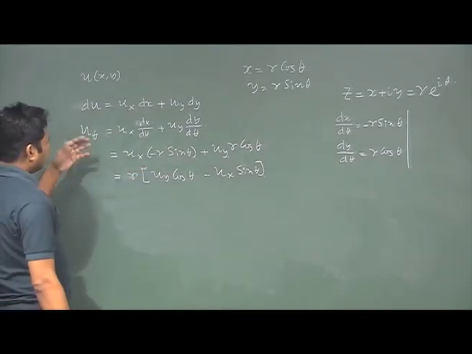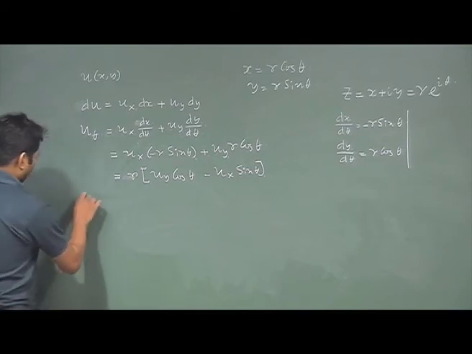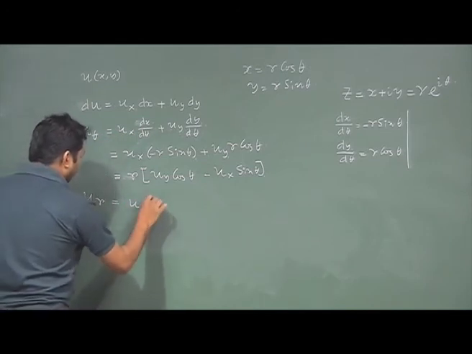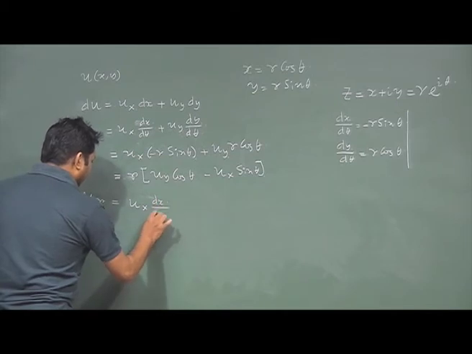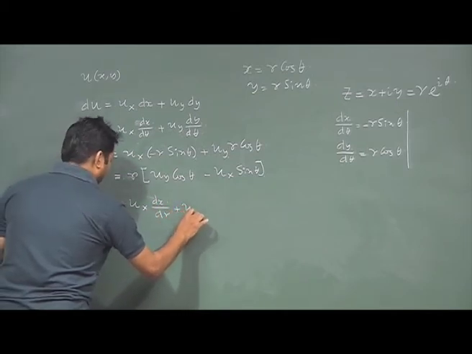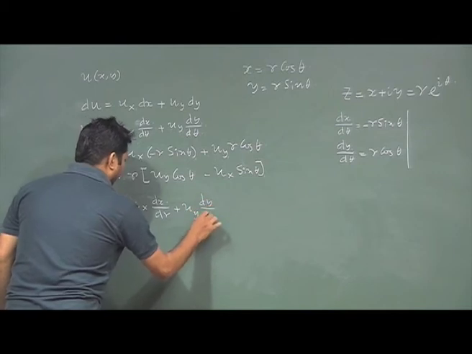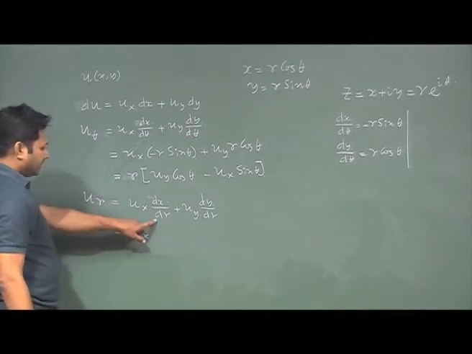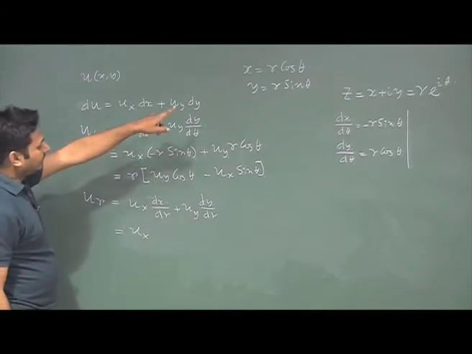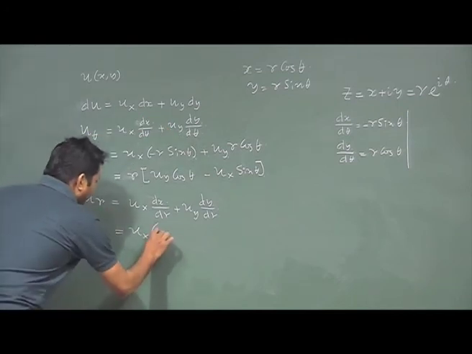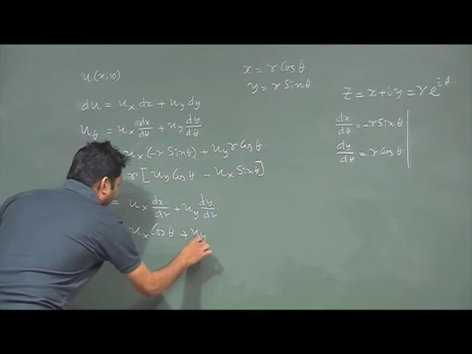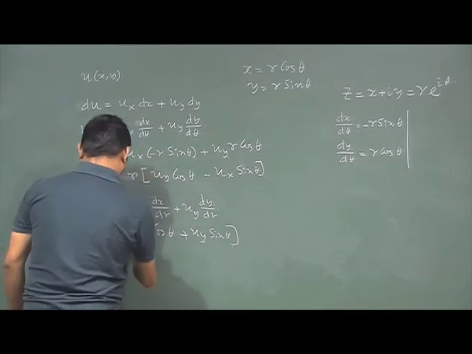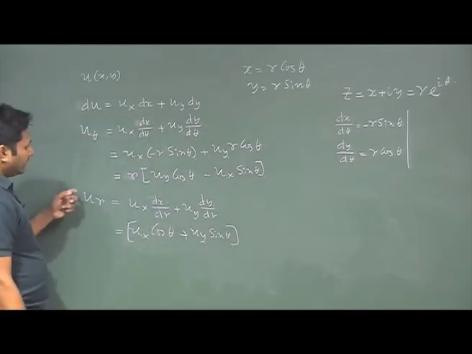In a similar way, exactly in the similar way, I can have ur. Ur is ux dx dr plus uy dy dr. Ux dx dr, from there I can readily write, is cos theta, and uy dy dr is sin theta. So, I find two expressions, u theta and ur.